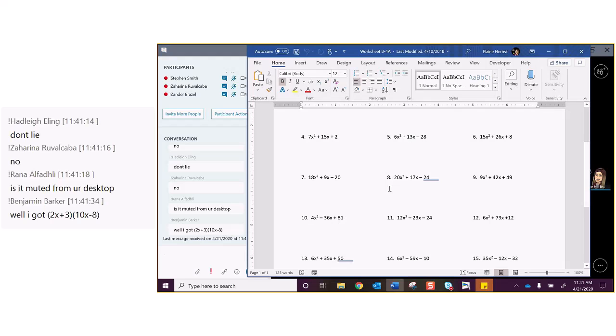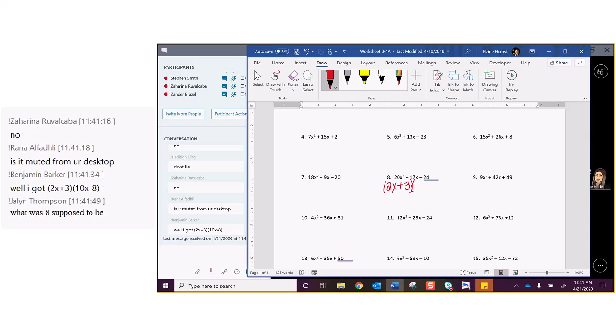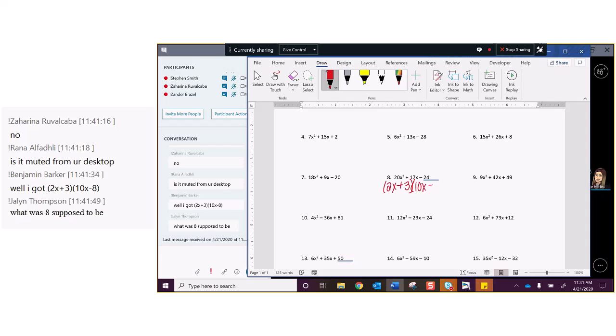All right, so let's put Ben's answer on here. So I'm going to click over to draw. He had 2x plus 3 and 10x minus 8. So the first thing I always check, 8 was supposed to be 5x plus 8 times 4x minus 3. So when I look here in the front, 2x times 10x is 20x squared.